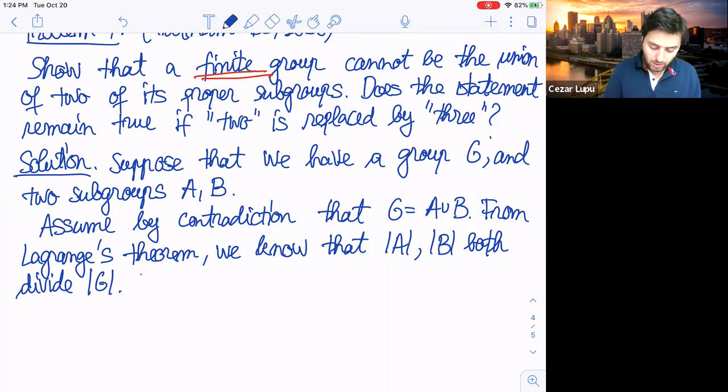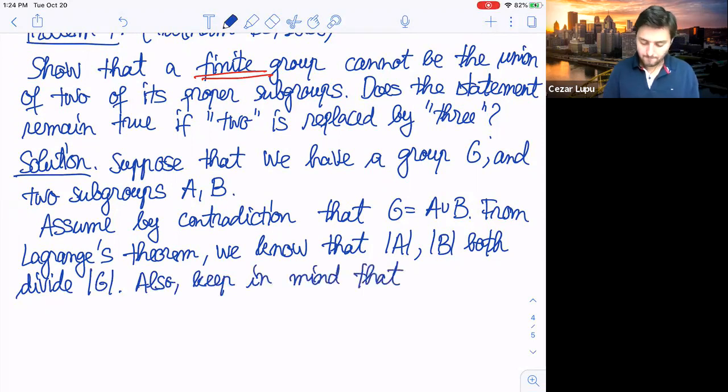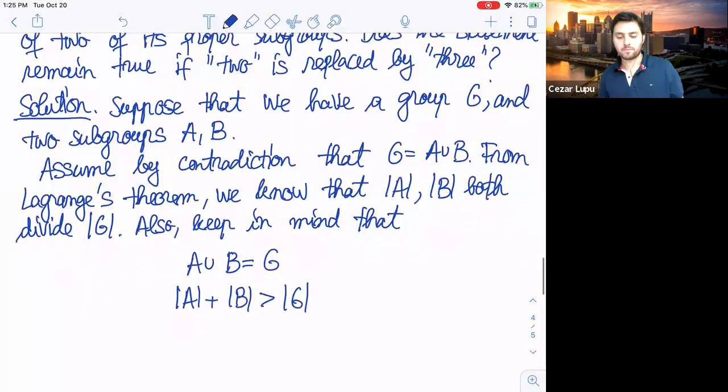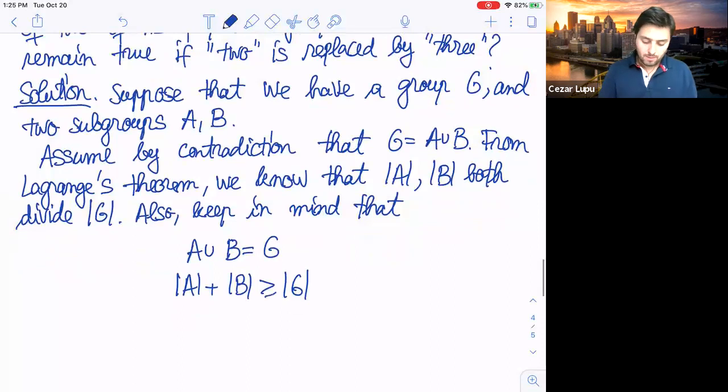But also keep in mind that since we have that A union B is G, the order of A plus the order of B is greater than or equal to the order of G, but it's even more than that.